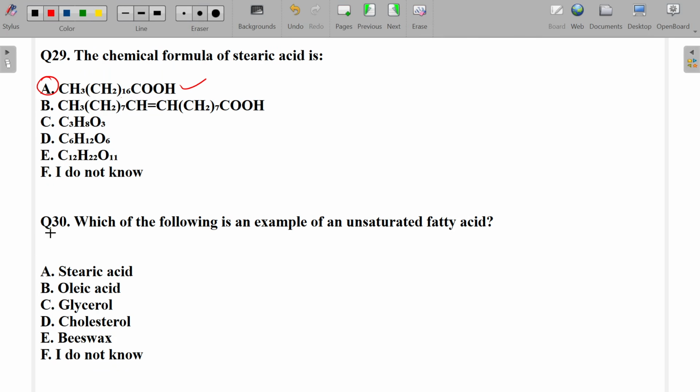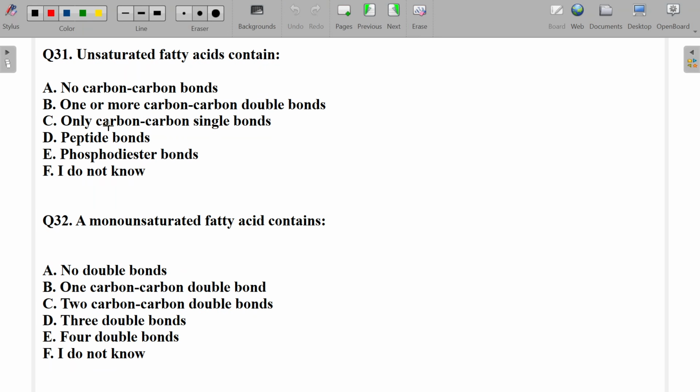Question 30. Which of the following is an example of an unsaturated fatty acid? A, stearic acid. B, oleic acid. C, glycerol. D, cholesterol. E, beeswax. F, I do not know. B. Yes. Question 31.